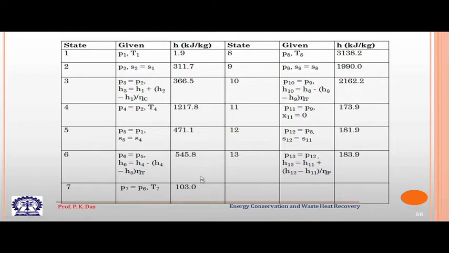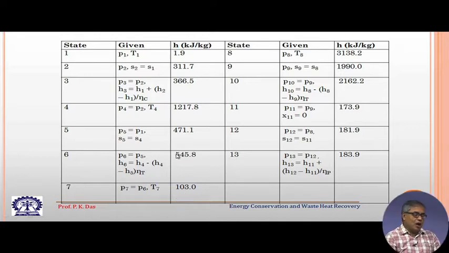Then there is another point on the gas turbine cycle which is important, because 6 denotes the exit of the turbine. So, we know the condition of air at the exit of the turbine, that is the enthalpy is 445.8 kilojoule per kg, but after that it enters another important component which is unique to the combined cycle power plant.